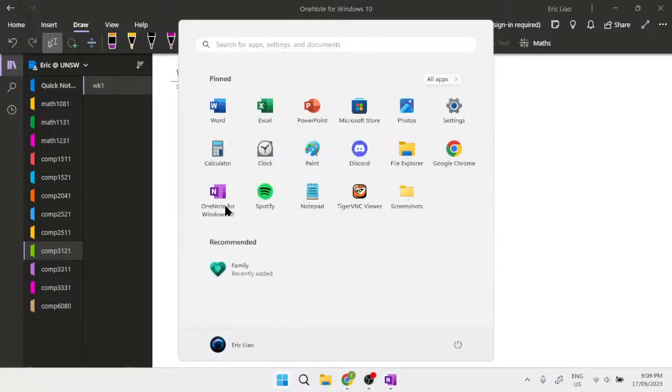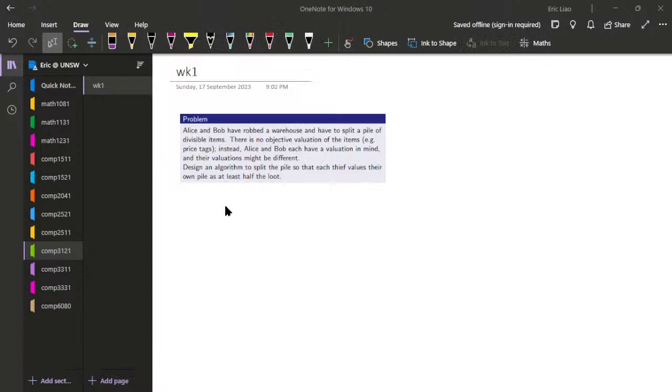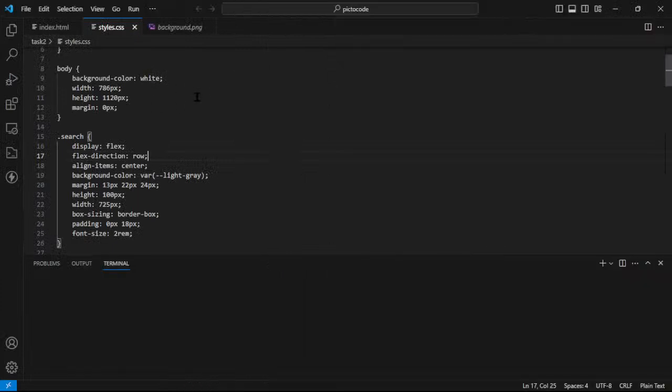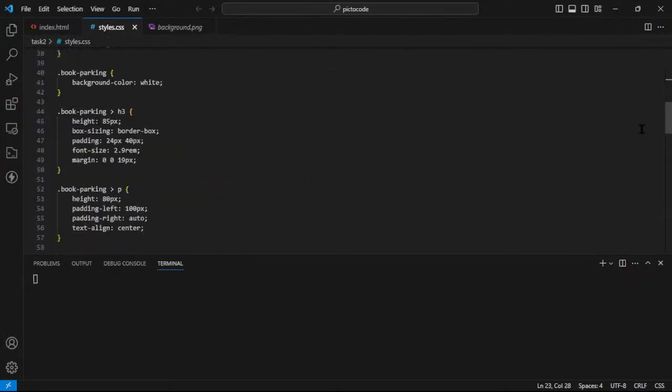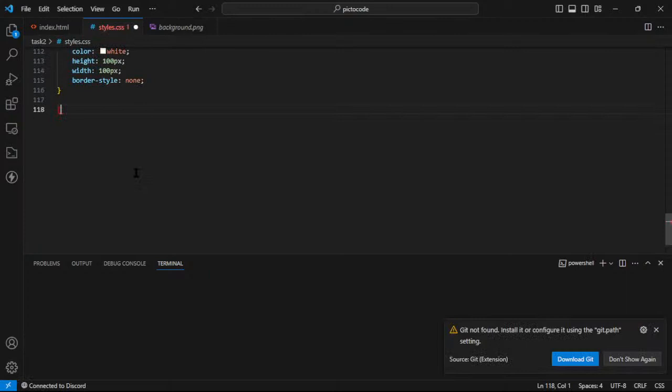It's honestly better to do in VS Code. How do I add VS Code extensions? That's the real question. No, I can do it in style.css. Doesn't matter. Got an array.